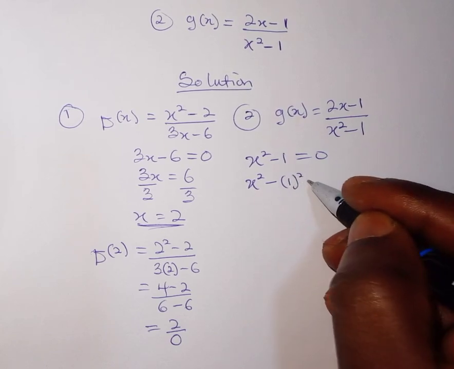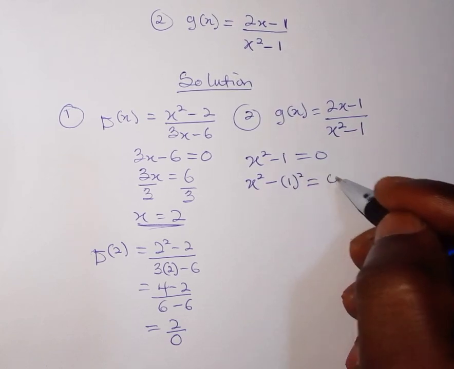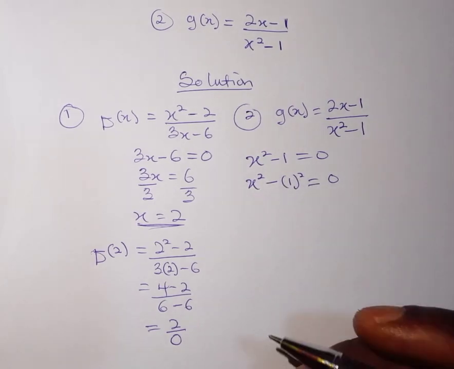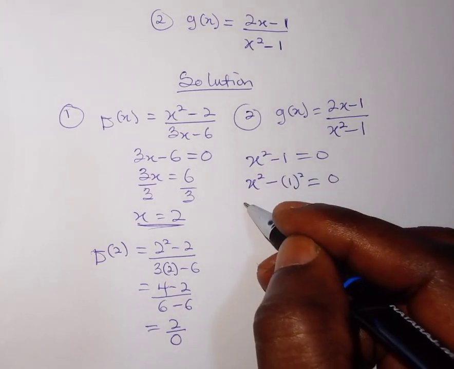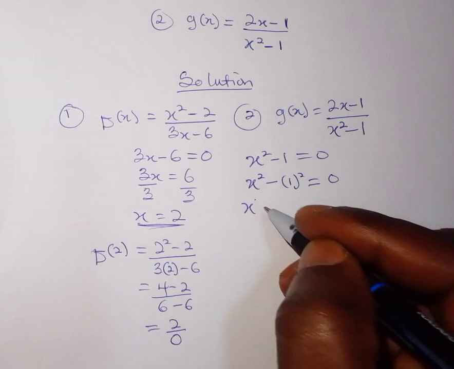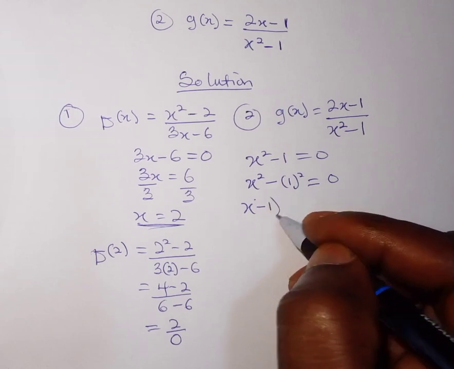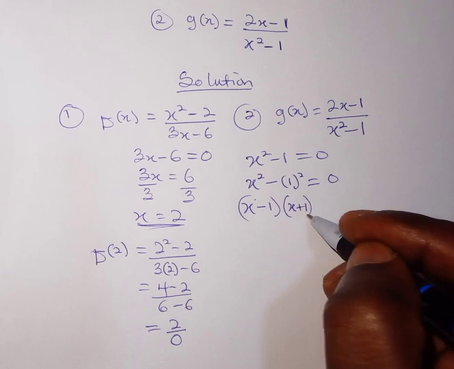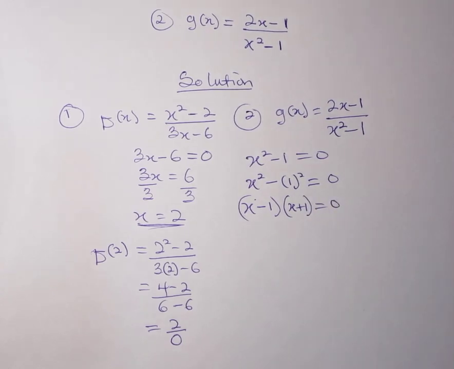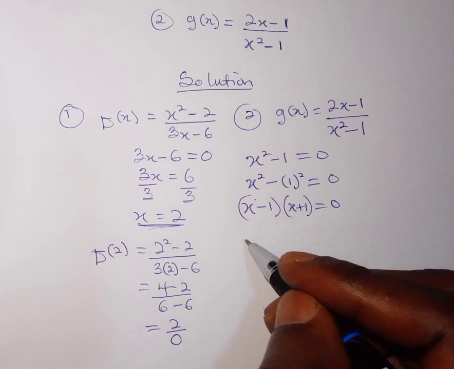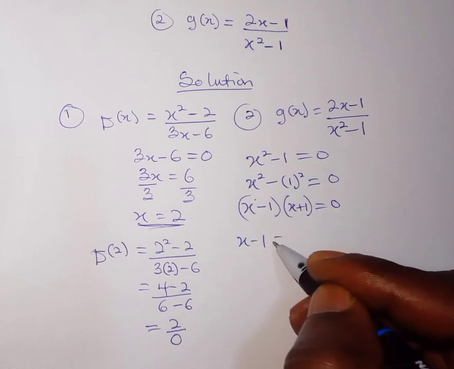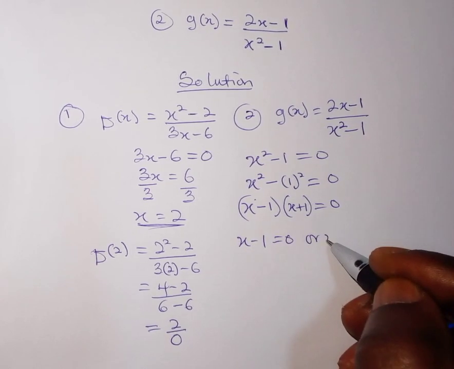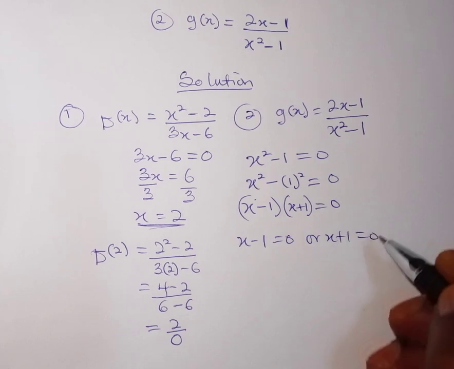We know that 1 squared is still 1, so I can use the difference of 2 squares here. So I have x minus 1 and x plus 1, which is equal to 0. Then I have x minus 1 is equal to 0, or x plus 1 is equal to 0.